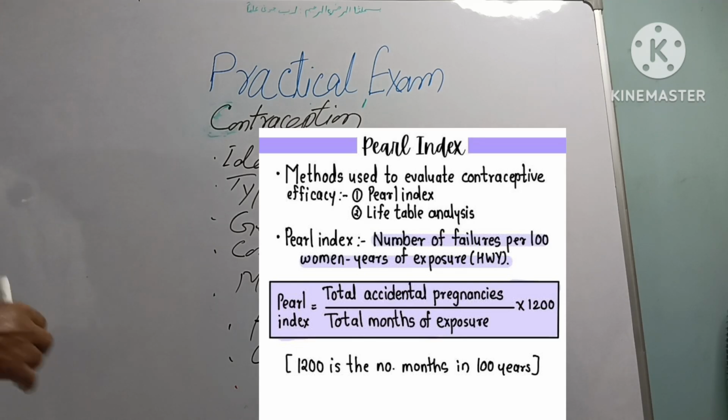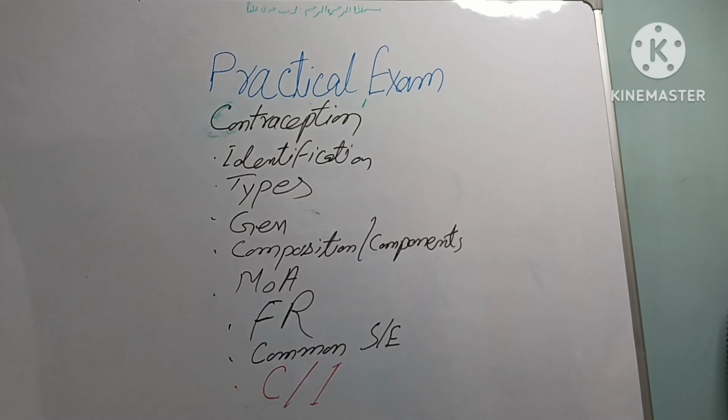Then what is the common side effect of the spot? It may be asked, just like bleeding, pain, perforation, PIDs are the common side effects of the contraception. Then what is the contraindication? Every contraception has a different contraindication.